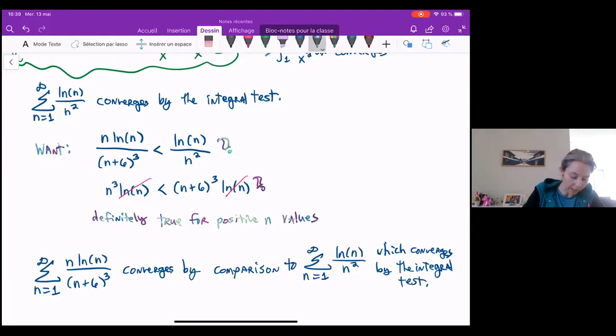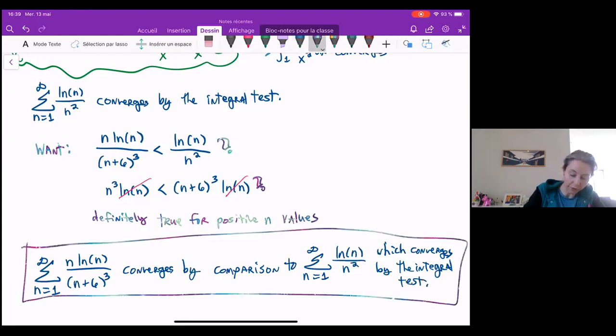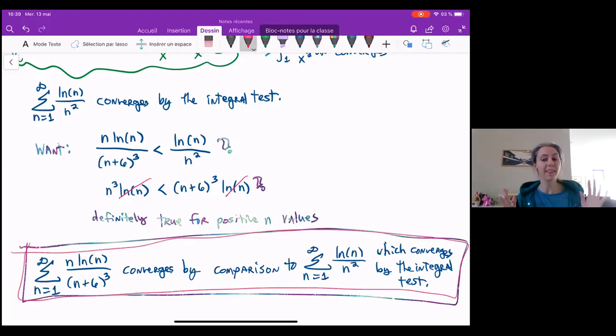So in other words, inside of our comparison test, we had to do an integral test. And that's all. Hopefully that helped you guys to think about comparison in a more broad way.